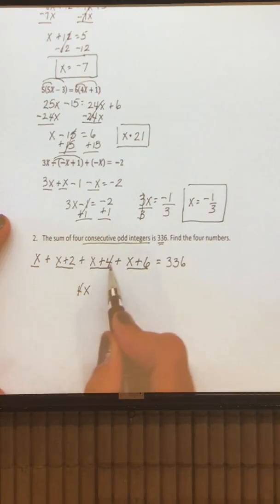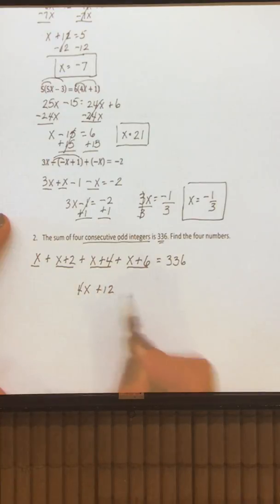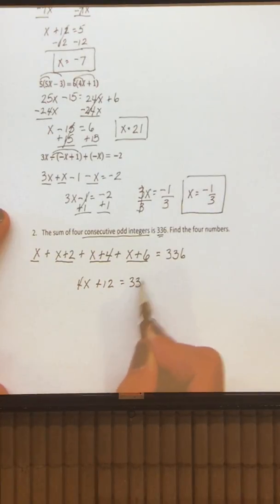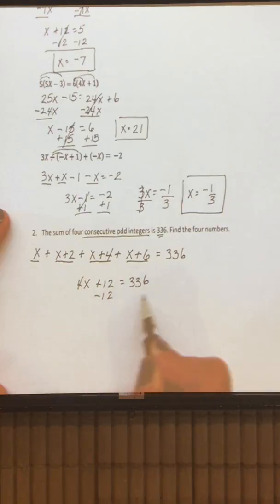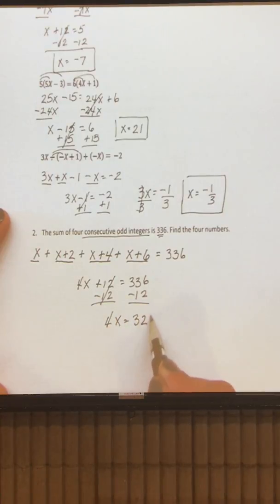Combining the 2, the 4, and the 6 is plus 12 equals 336. Subtract 12 from both sides. You have 4x is equal to 324. Divide by 4.